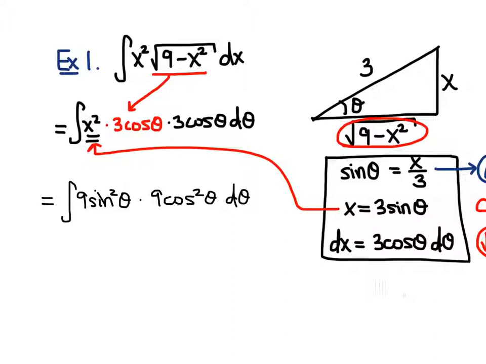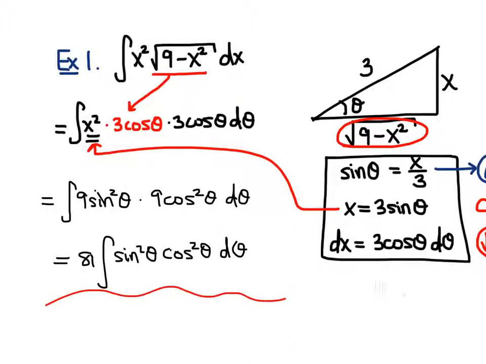And so therefore that's 81 times the integral of sine squared theta cosine squared theta d theta. Okay, so this is the basic step here. Now we have to figure out how to complete that integral, and that's what I do in the next video in this sequence. Alright, I'll see you guys there.